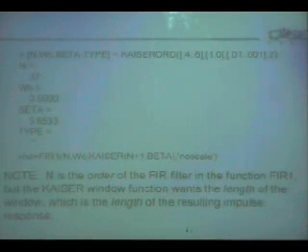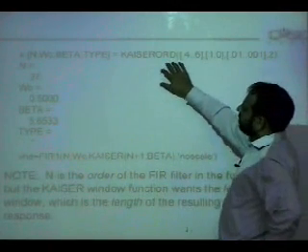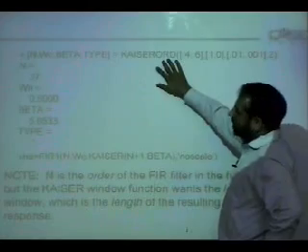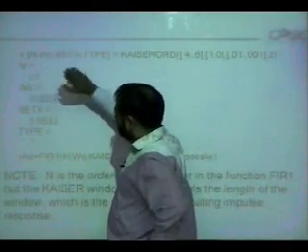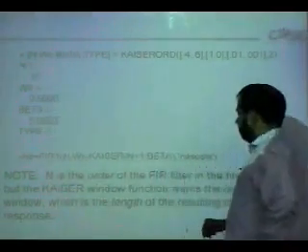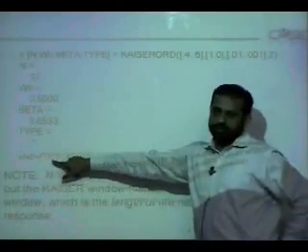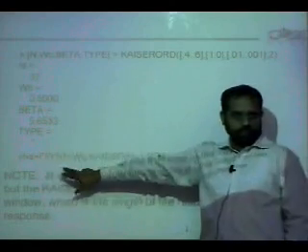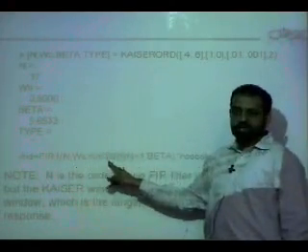In MATLAB, you can figure out the Kaiser order by using a Kaiser order function. It'll give you the value of n and the cutoff frequency and the beta. Then you take this value of beta and call the FIR1 function, give the number of points, give the cutoff frequency, and say you want to use the Kaiser window.